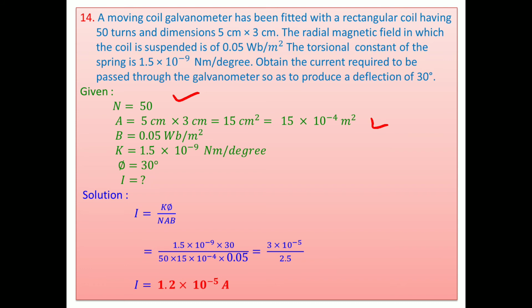So I equals K phi upon N A B. Substituting values, K is 1.5 into 10 raised to minus 9 into 30 upon 50 into 15 into 10 raised to minus 4 into 0.05, and after calculation, 3 into 10 raised to minus 5 upon 2.5, we get a current of 1.2 into 10 raised to minus 5 ampere.